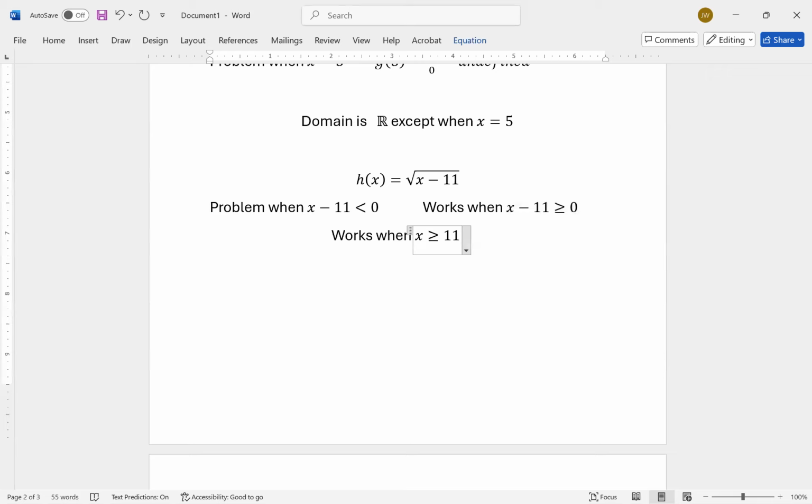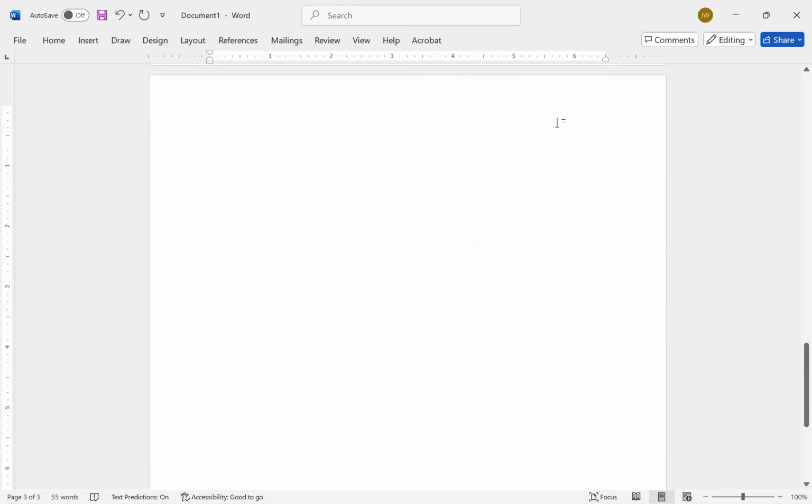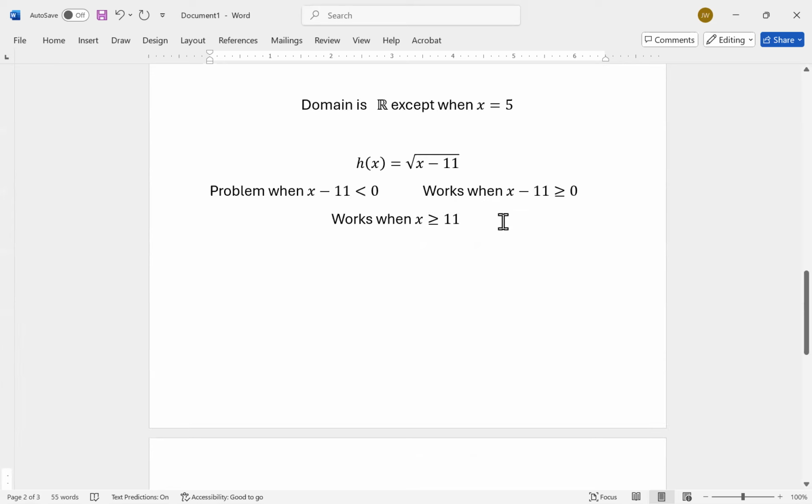So it works when x is greater than or equal to 11. And that's my domain. So my domain is all x such that x is greater than or equal to 11. All right. So that's how that works.